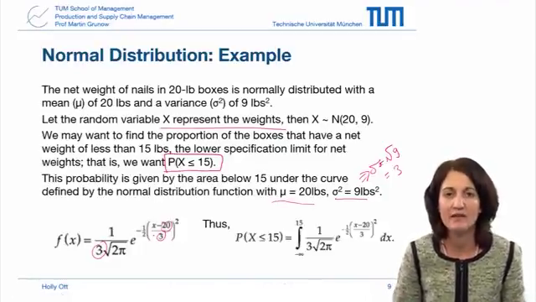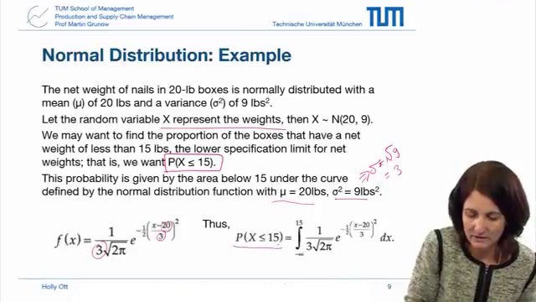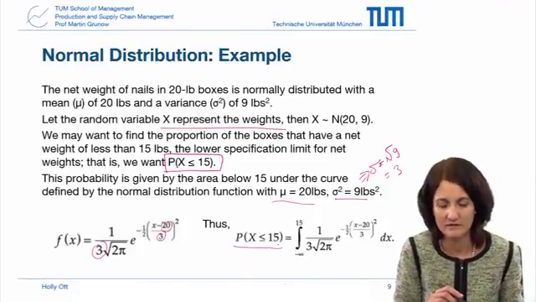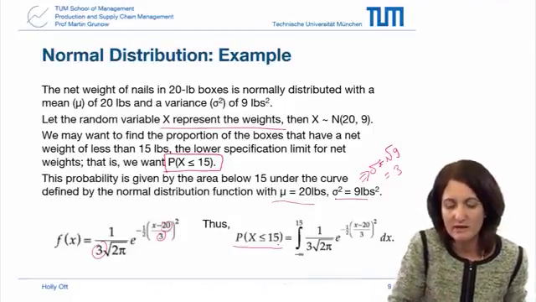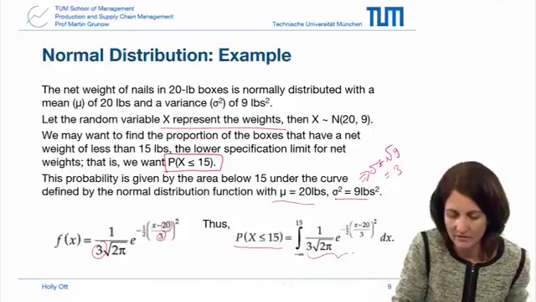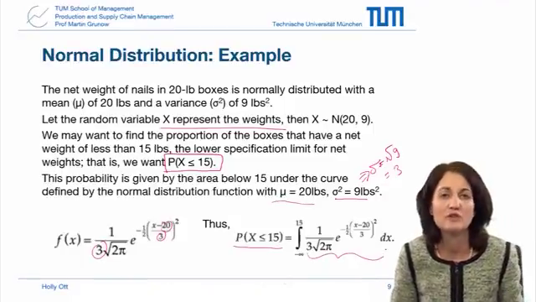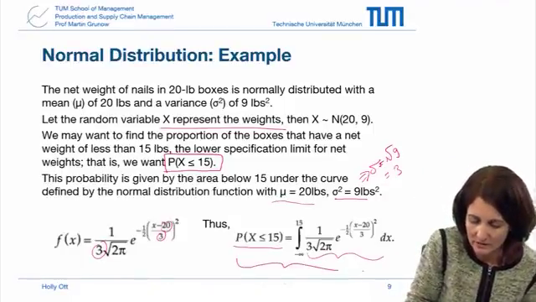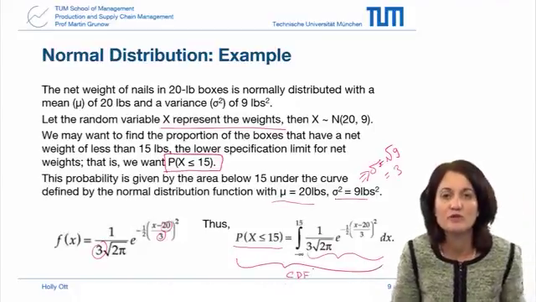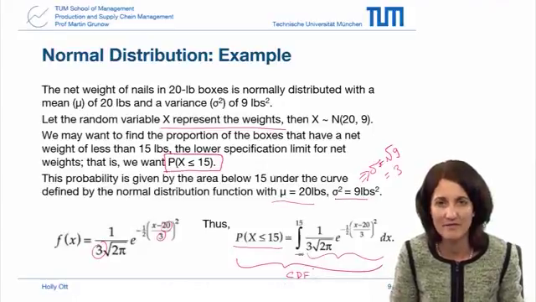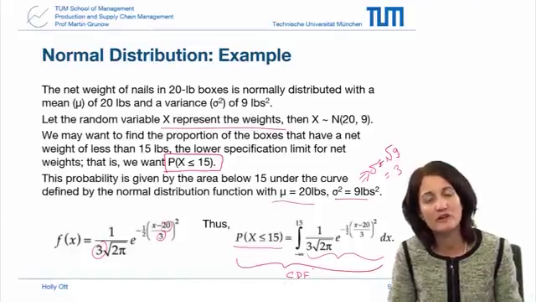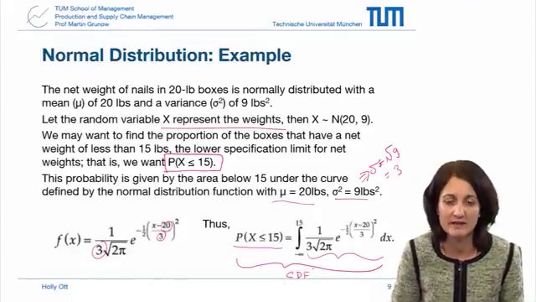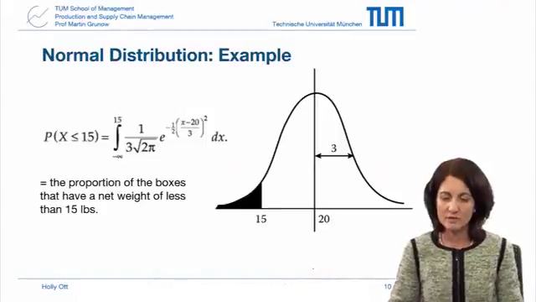So thus we have the probability x is less than or equal to 15 pounds, the weight of our boxes, is the integral from -infinity to 15 of our probability distribution function. If you remember, we called this the cumulative distribution function, or the CDF. So thus we can use our normal distribution function to calculate information like this. So here's a picture of it.